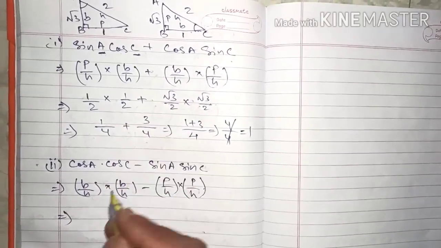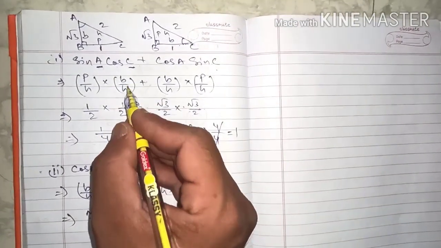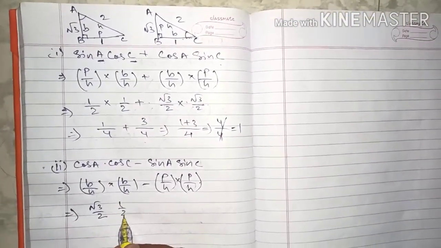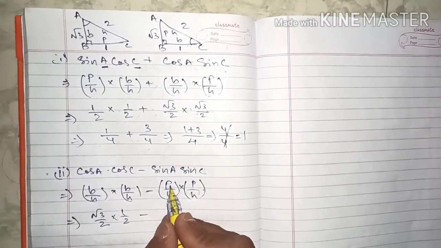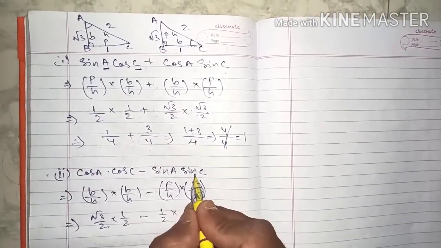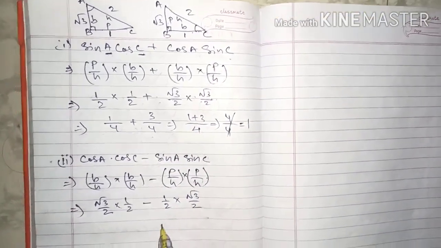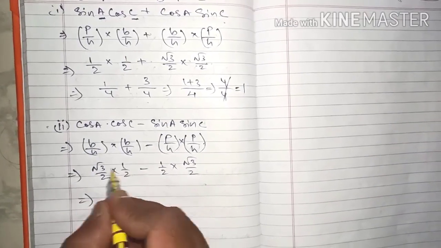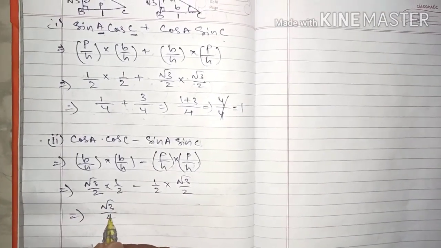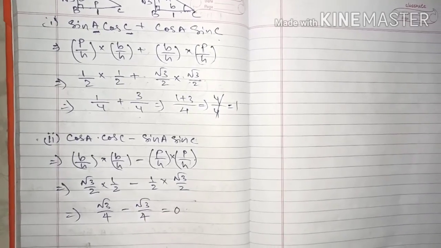Cos A is how much we wrote? Root 3 by 2. Cos C from here we can write 1 by 2, minus sin A. Sin A is 1 by 2, sin C is root 3 by 2. Root 3 by 4 minus root 3 by 4 equals 0.